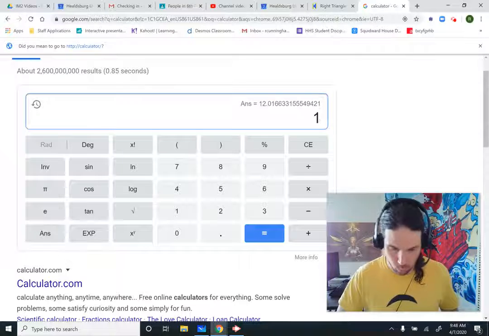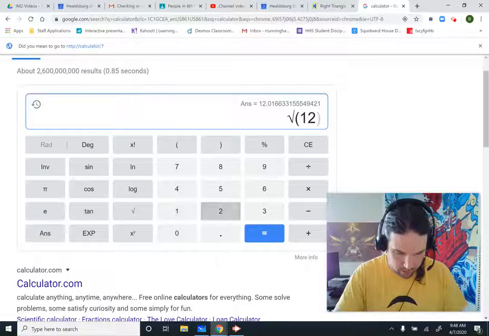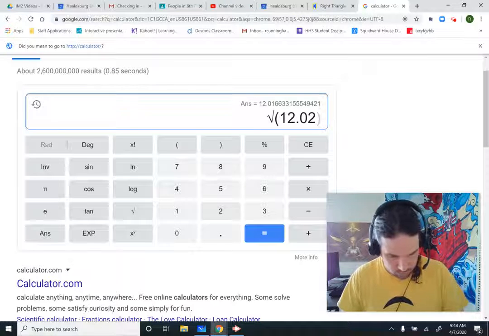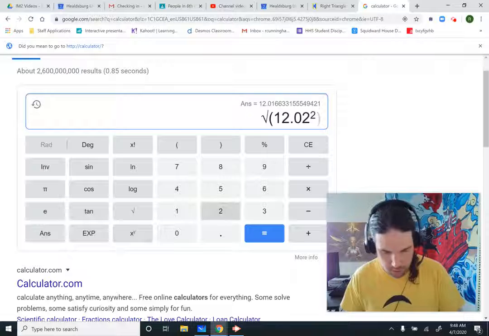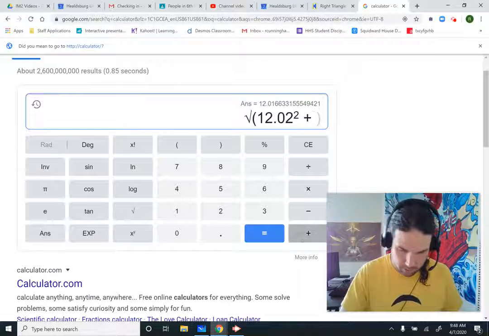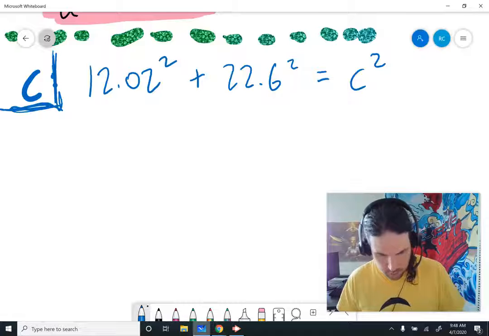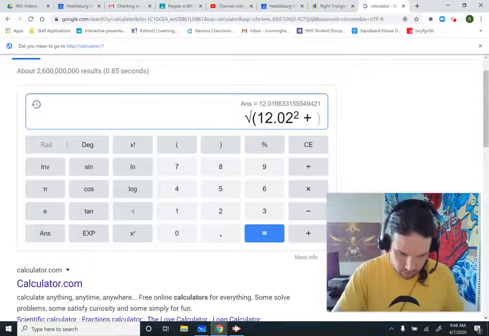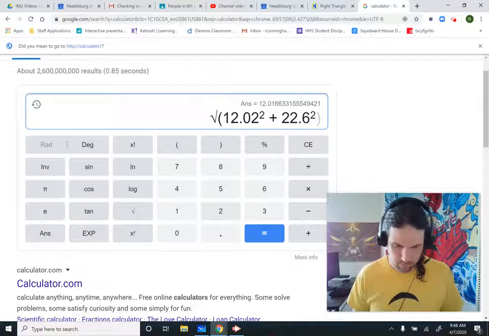Actually, let's do this all in one go. I'm going to say the square root of 12.02. Does not look like there is a specifically squared button, so I'm going to say to the 2 power plus, what was the other one? 22.6. 22.6 to the 2nd power.